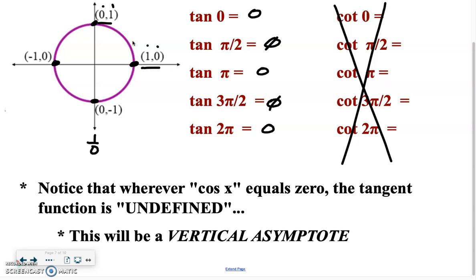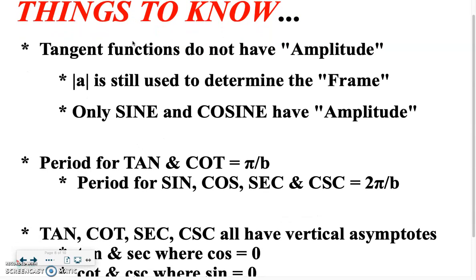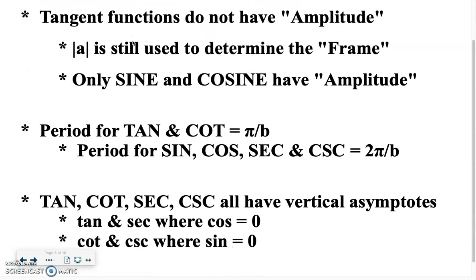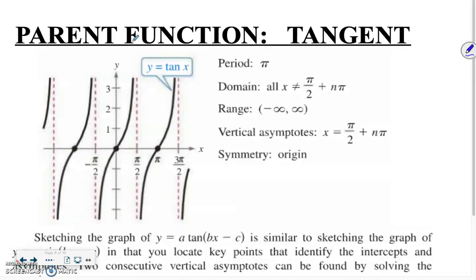Okay, so a few things to know, and I know that we touched on this a few minutes ago, but tangents do not have amplitude. Once again, if you're asked to identify the amplitude of a tangent curve, you say it's undefined. It does not exist because the parent function for tangent looks like this. It already goes from negative to positive infinity.